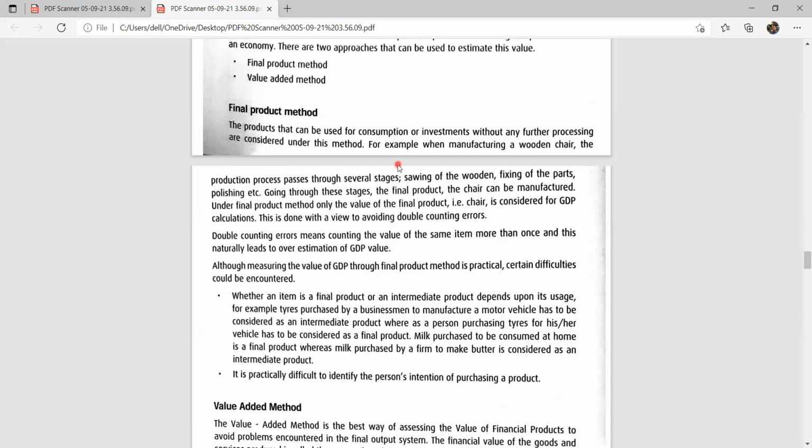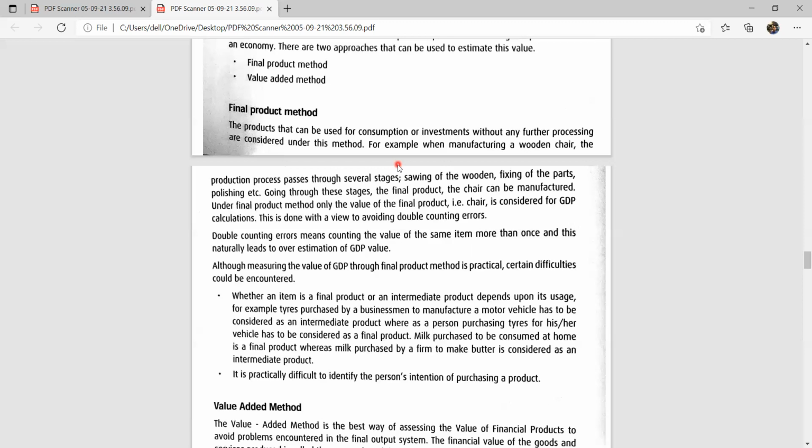Even sugar is used by households for their day-to-day consumption. Now there is some problem. Even now sugar becomes a final product. So the value of sugar is underestimated if the value of cake only is taken into accounts. Therefore, economists said the final product method is not always correct. Therefore, value added is better.